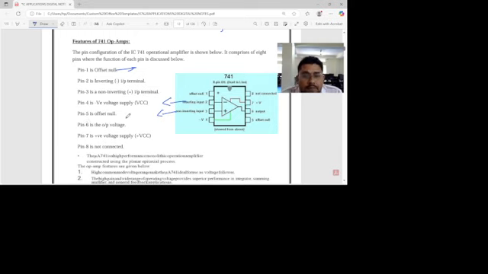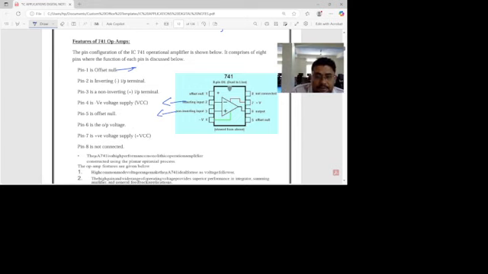Fifth pin is offset null, and sixth pin is the output. We take the output at the sixth pin, and the seventh pin is the positive VCC supply.